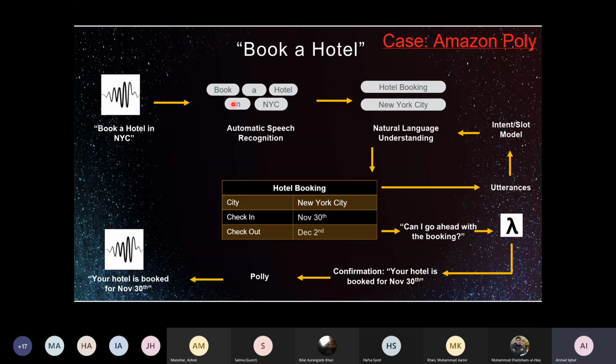Based on this information, natural language understanding is used, and hotel booking in New York City is filtered. Then a hotel is booked, and it asks, can I go ahead with the booking? After receiving the confirmation, your hotel is booked for November 30th by Polly, and the user is informed that the hotel is booked for November 30th.